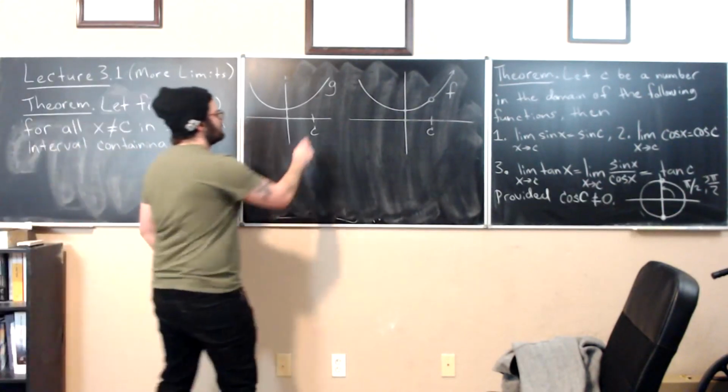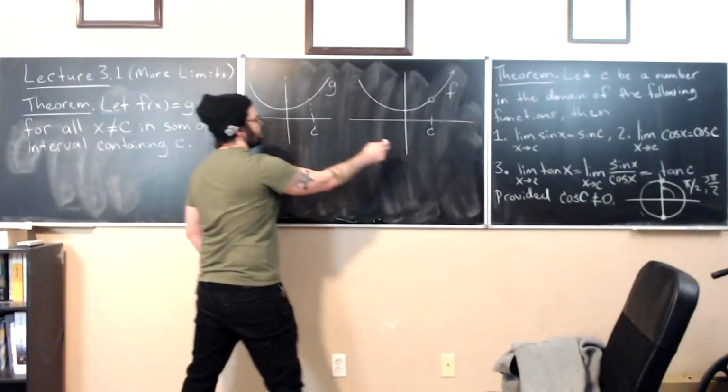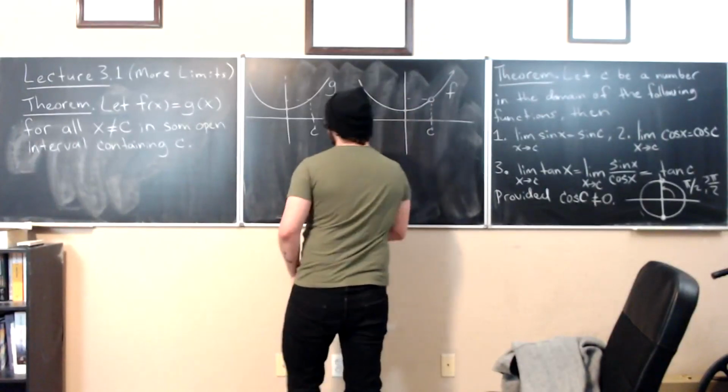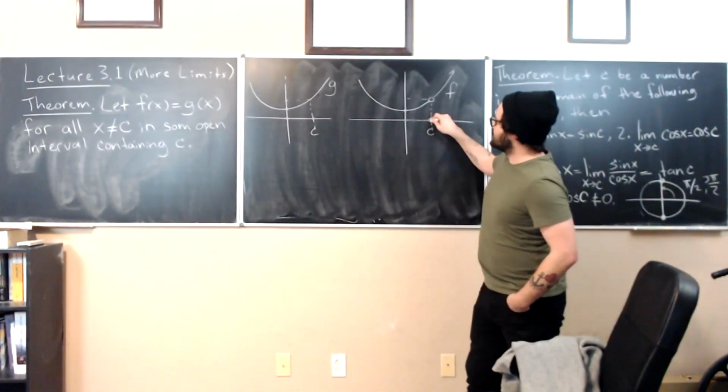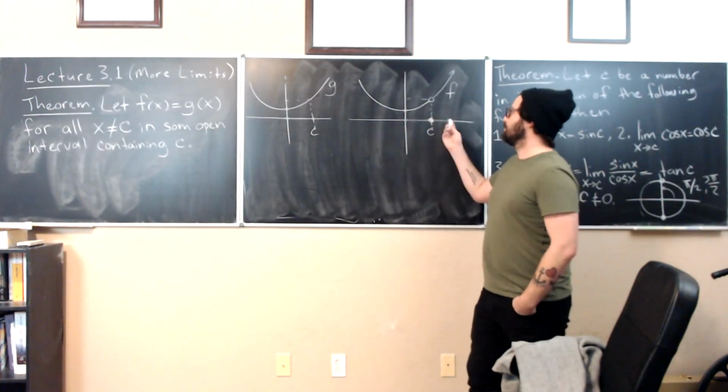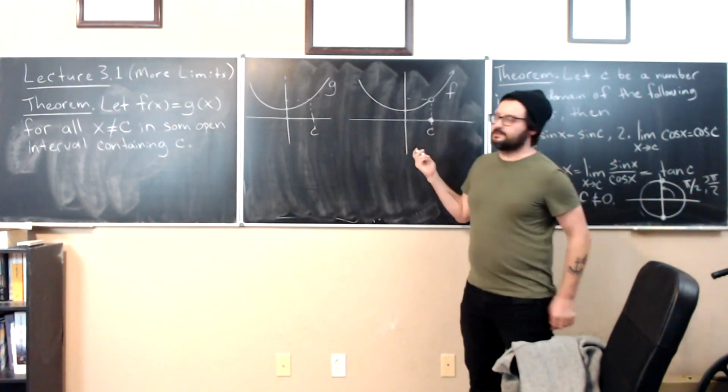Okay, so they're basically the same thing, with the exception of maybe one point. And maybe for some reason it's a piecewise function on f, and it differs at x equals c right there from g.